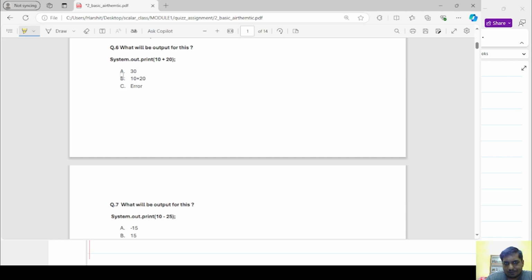Here the answer is 30. Why 30? Because we have declared the statement with print in brackets 10 plus 20, meaning concatenation is not there. So we will evaluate these equations.